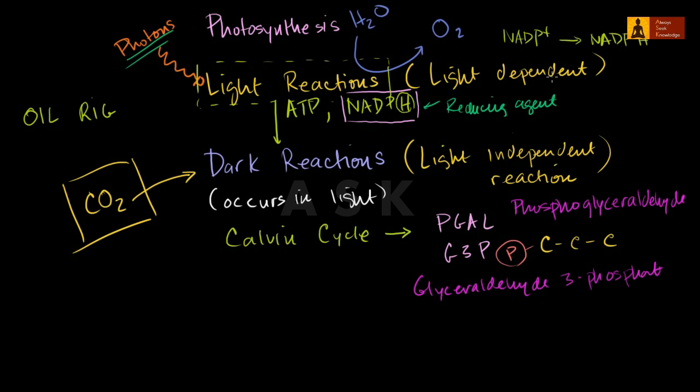Remember, reduction is gaining electrons or hydrogen atoms. And it's the same thing because when you gain a hydrogen atom, including its electron, since hydrogen is not too electronegative, you get to hog its electron. So this is both gaining a hydrogen and gaining an electron.